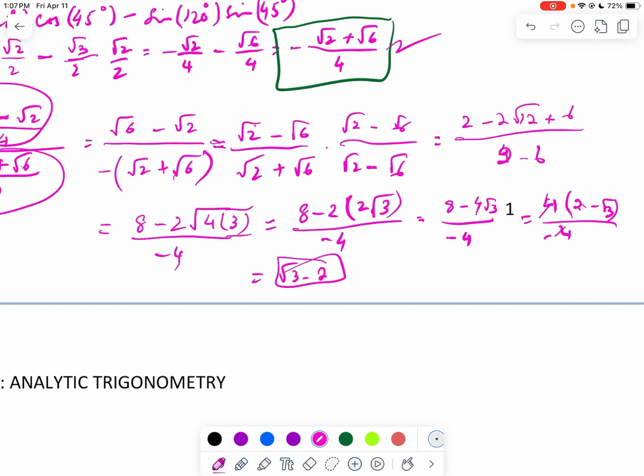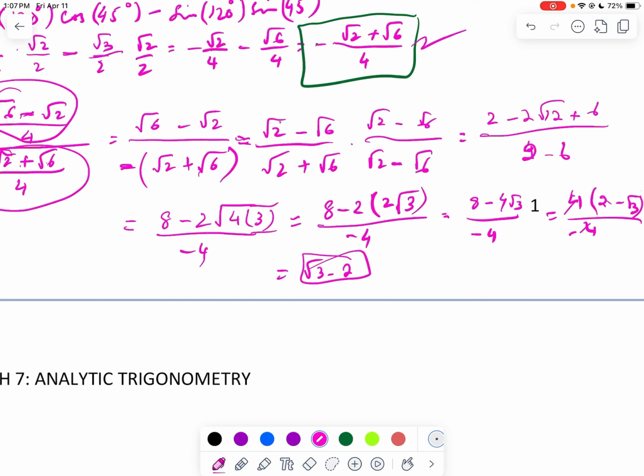So I can now take the negative sign and distribute it at the bottom, but that will make too many things negative. So what I do instead, I distribute it in the numerator. When I distribute it to the numerator, the first term will become negative and this will become positive.